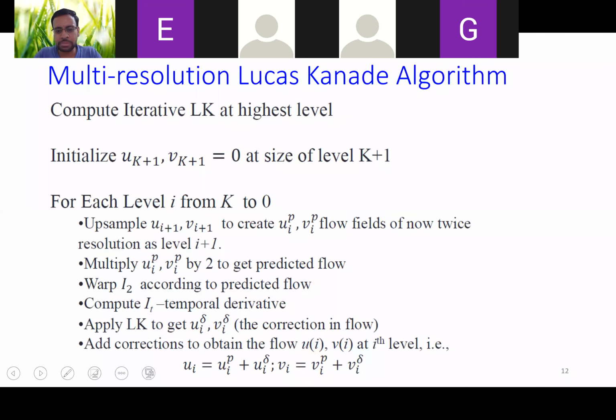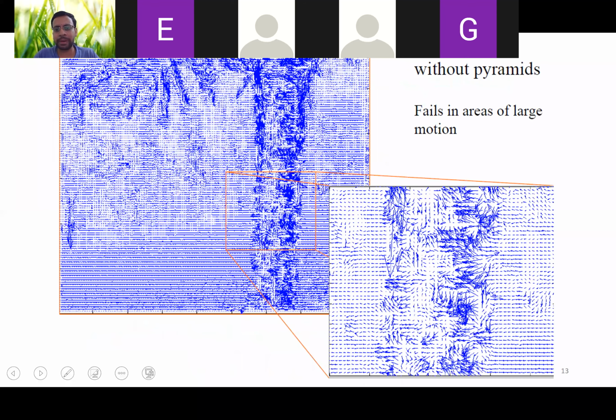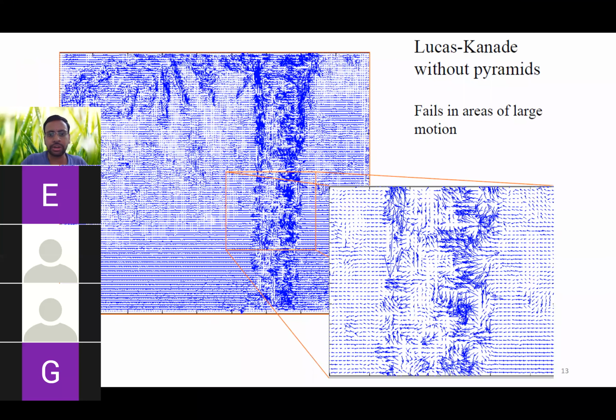Okay. The same thing has been mentioned here as an algorithm. Please go through this yourself. I skip this, but would rather spend a few more minutes looking at the results here. So this is without Lucas and Kanade. Of course, it fails.